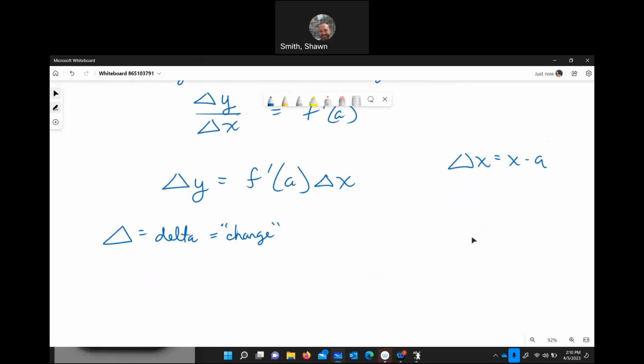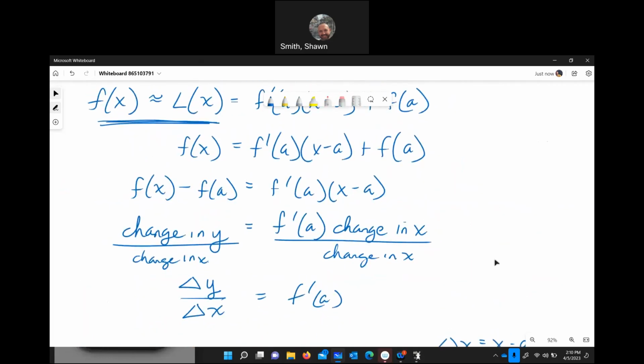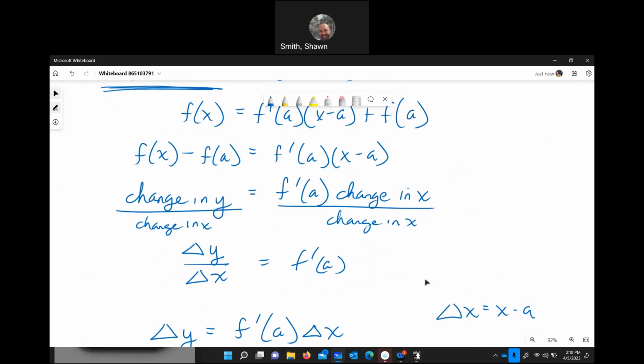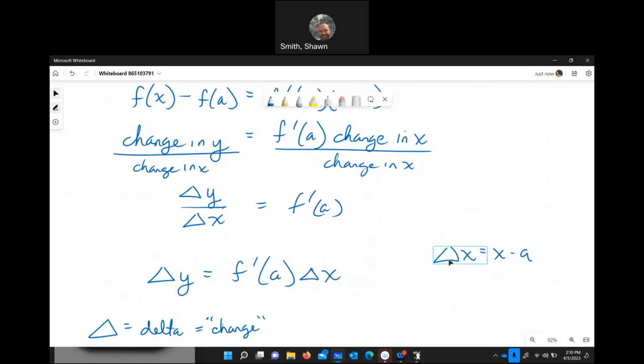All right, note that x equals a plus change in x. I'll go back and show you that. x is equal to delta x plus a, or a plus delta x, right?